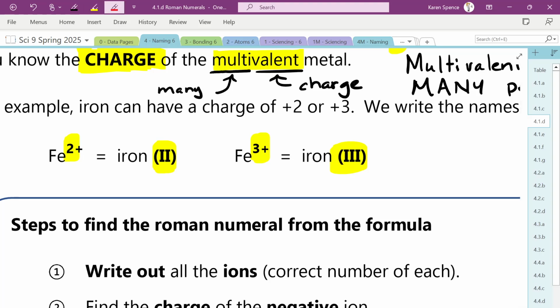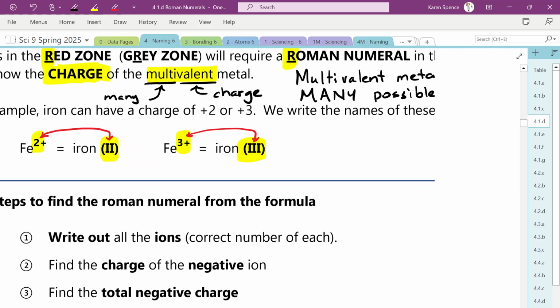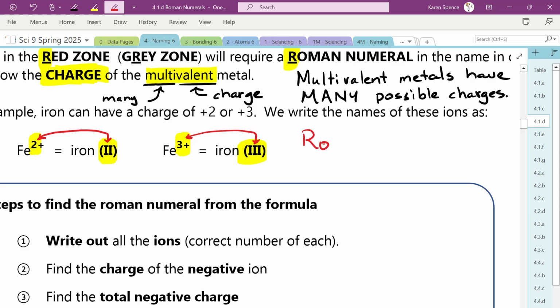Okay? So the Roman numeral tells you the charge. Roman numeral equals the charge.